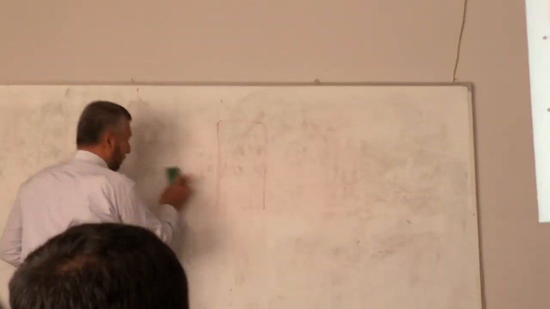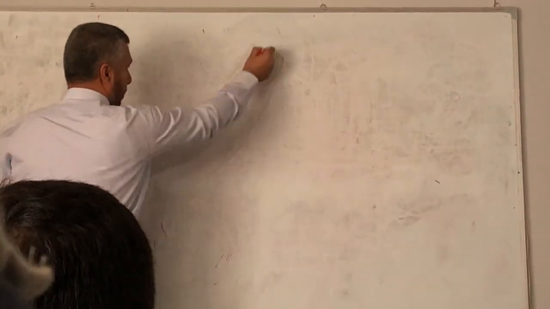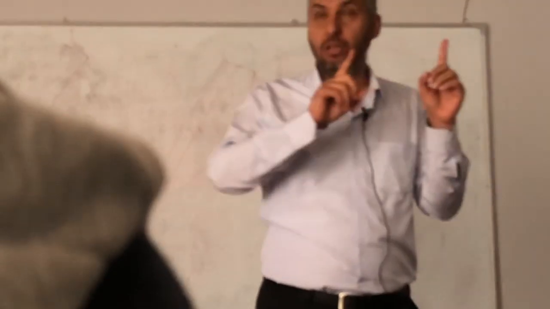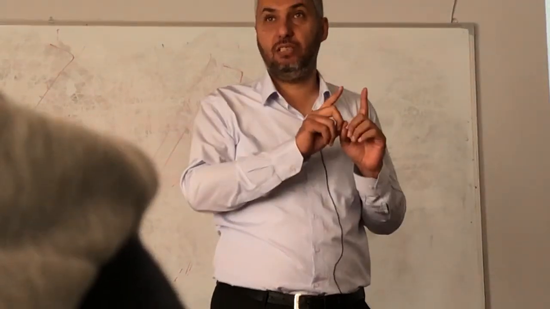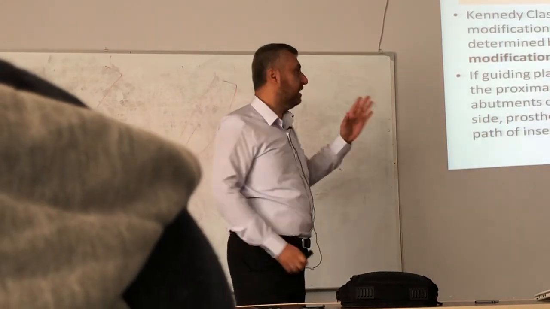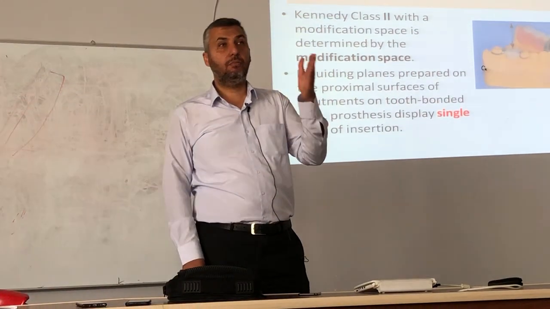If they were inclined, on the survey we also have only one path of insertion. As a principle, the more surfaces there are, the more the paths of insertion will decrease. The more guiding planes, the fewer paths of insertion.